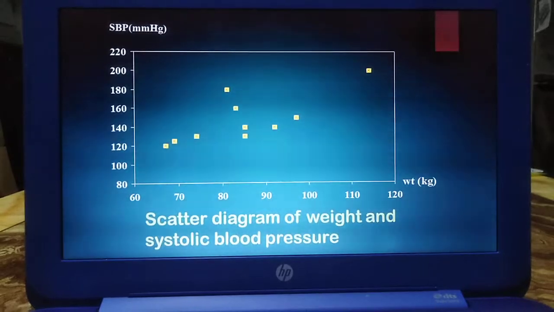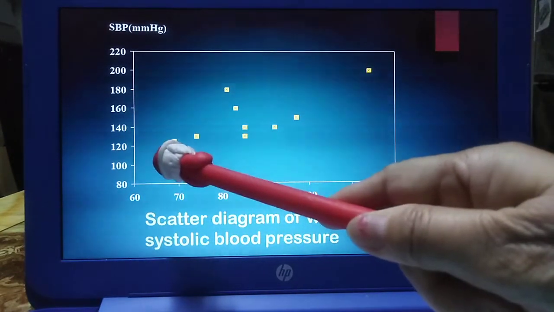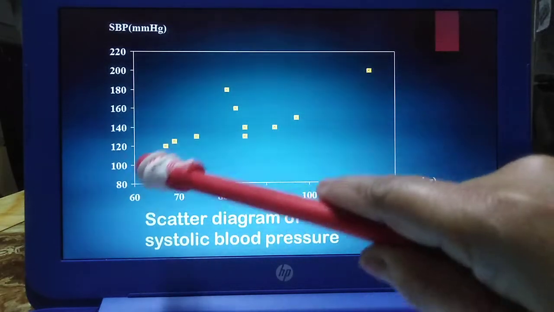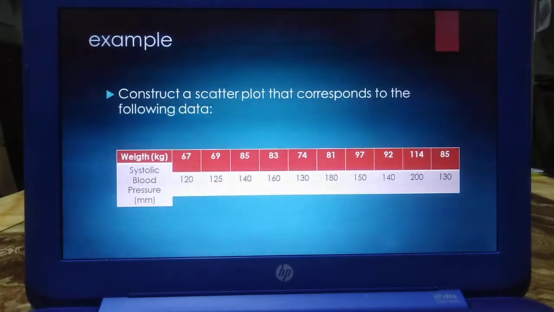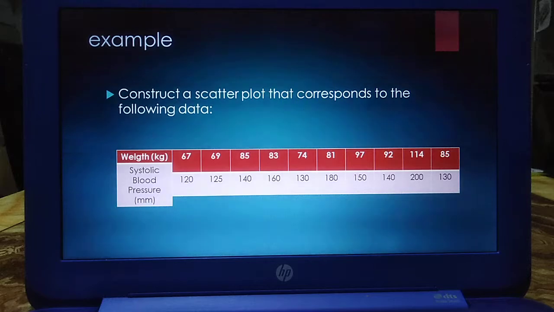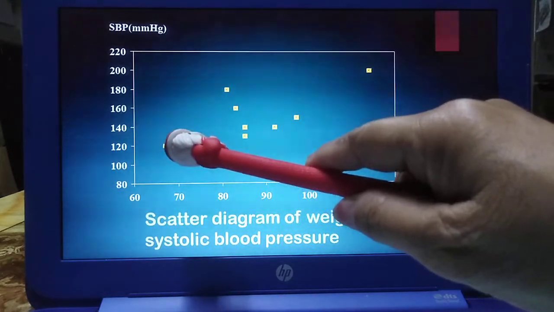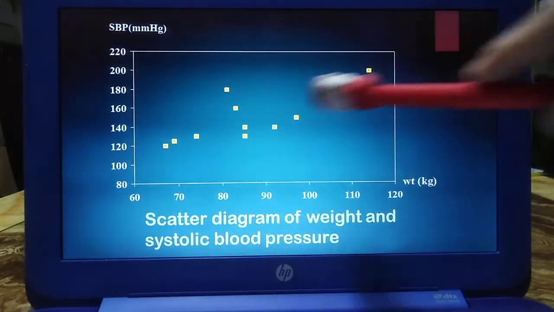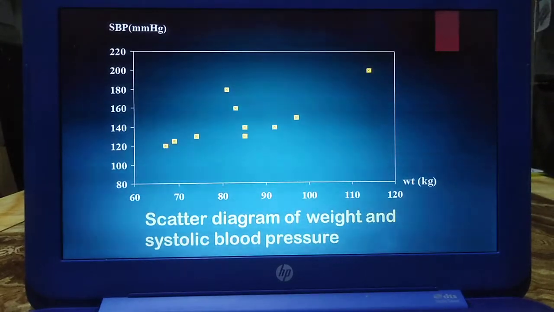So if the weight is 67, the systolic blood pressure is 120, the first point. Second, if it's 69, it's 125: 69 here and 125 there. These are now the plotted points. This is how we do a scatter plot, or scatter diagram.